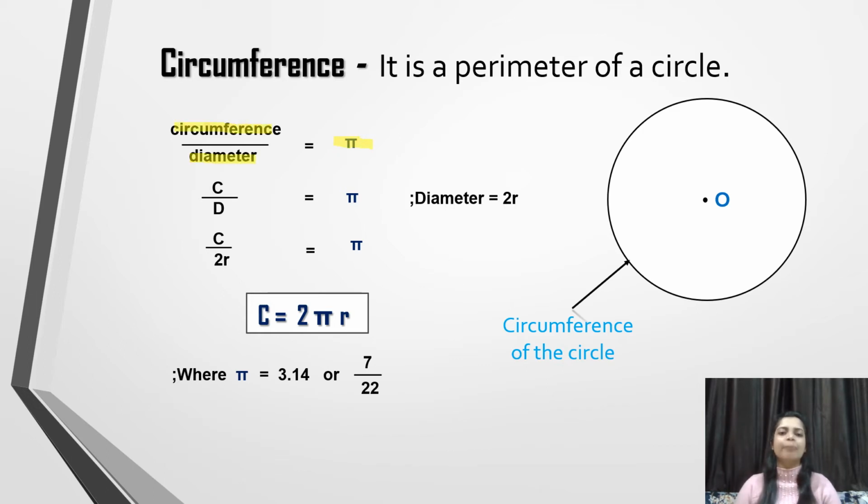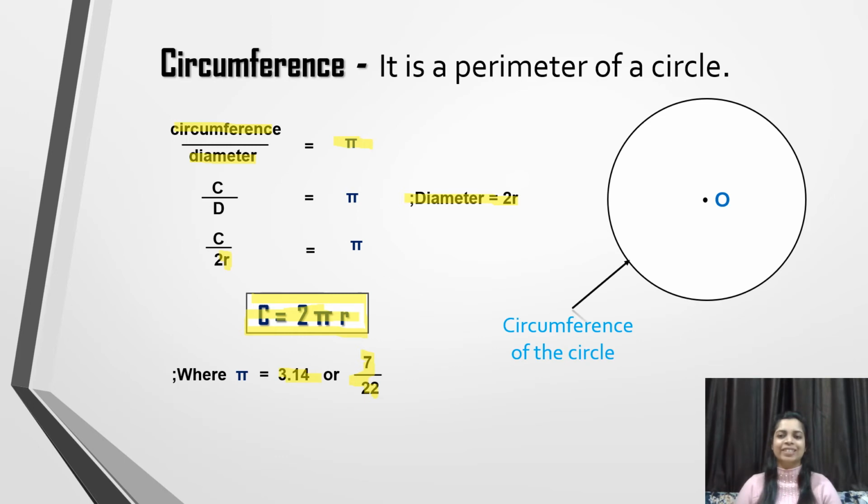We can write pi is equal to C upon D. Because we already know that diameter is 2 times the radius, hence we can write 2r in place of D. Now from here we get the formula of circumference, that is 2 pi r, where the value of pi is 3.14 or in fraction it is 22 upon 7.